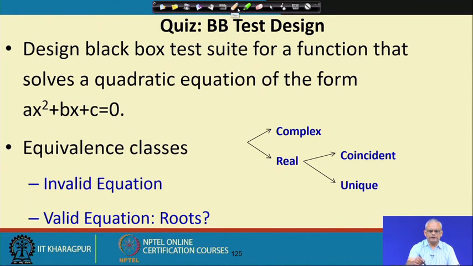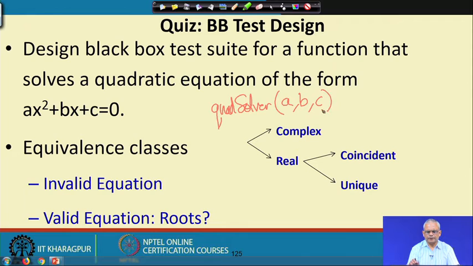The name of the function, let us say quad solver, and it takes 3 parameters a, b, c, and it returns the roots. What will be the equivalence classes for this?